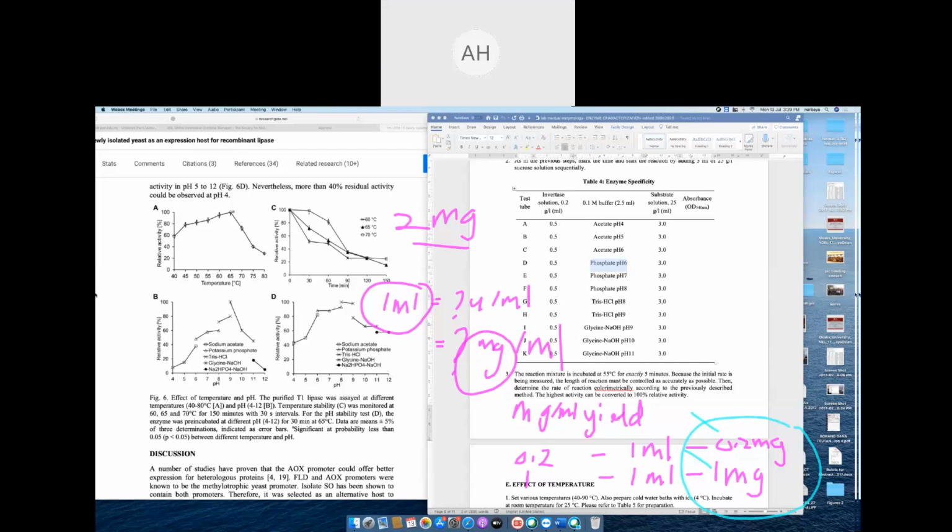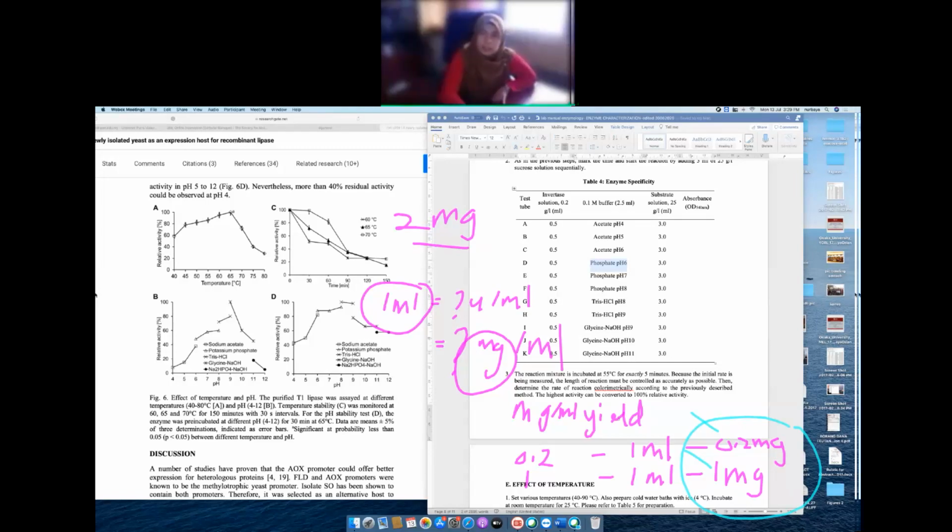The thing is, when you do the stability test, we want this enzyme to react with this buffer, and in the final step you need to assay with the optimal buffer. Why the optimal buffer, and not the respective buffer, like the way we did this?